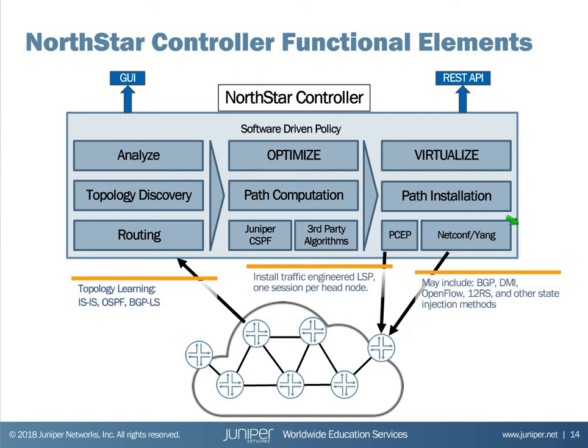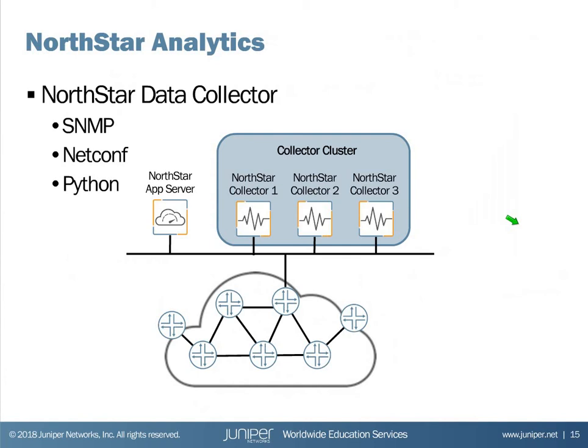So what I need you to know about NorthStar is that it's an SDN controller for the WAN space that is used to discover, optimize, and provision MPLS label switch paths in a service provider or a large enterprise WAN, right? That's the big picture view of what this does. It has analytic capabilities.